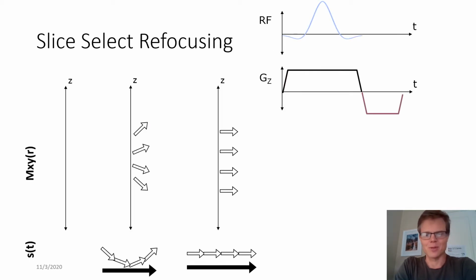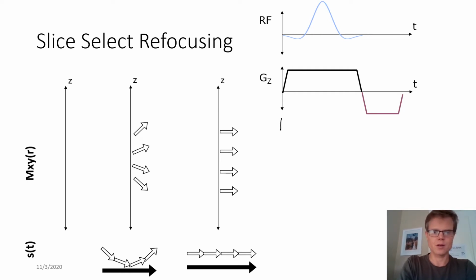So, starting out with slice select refocusing. I'm going to give you an intuitive explanation here, and we'll leave it at the level of what I'll cover here, and then I'll provide you a resource if you're interested in more details.